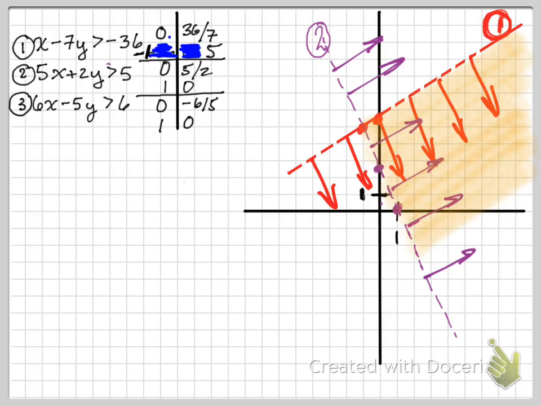Okay, so let's go back and do the third inequality. And for the third inequality, let's try green. I've got 0, negative 1 1/5, so I've got a point down here. I've got 1, 0. And then I've got that edge going through here.